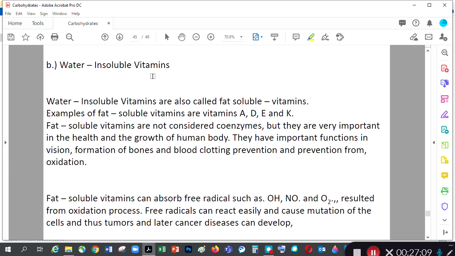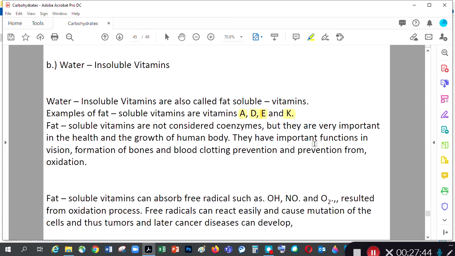Water insoluble vitamins are also called fat soluble vitamins. Examples of them: vitamin A, D, E, and K. So the fat soluble vitamins are not considered coenzymes, but they are very important in the health and growth of the human body.